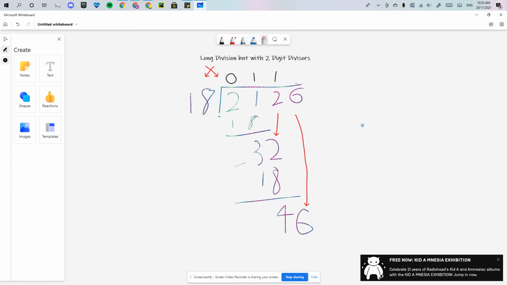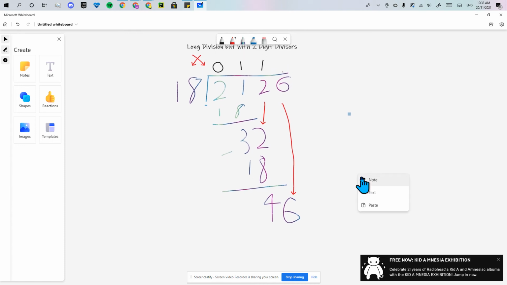So what's the answer we got when we multiplied with 2? 36. That's correct.